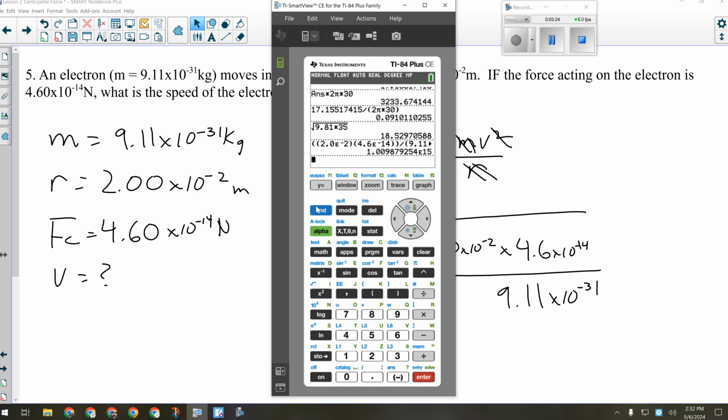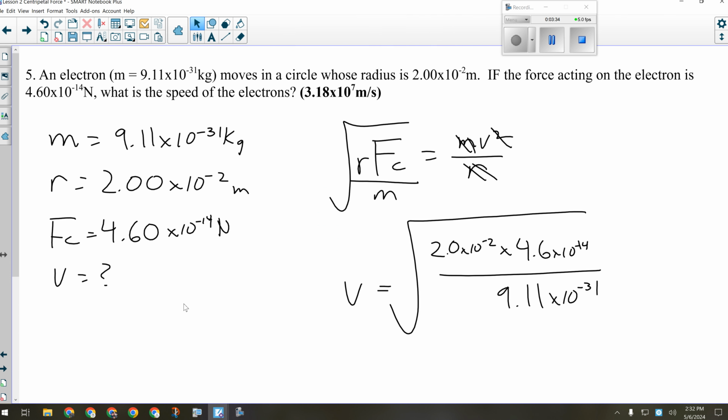Then we have to square root that. That ends up being 3.18 times 10 to the 7 meters per second. It makes sense that an electron would go really fast, as they are very, very small. Everyone okay with that one?